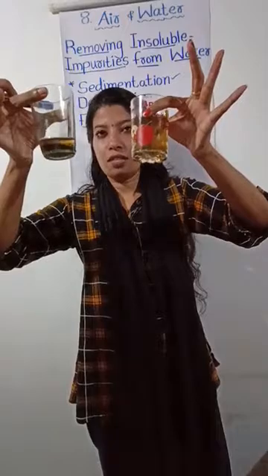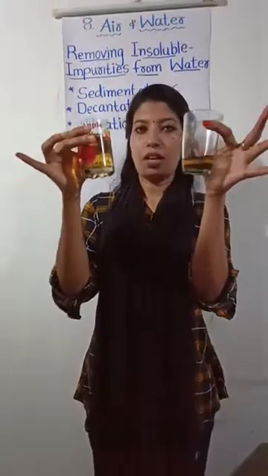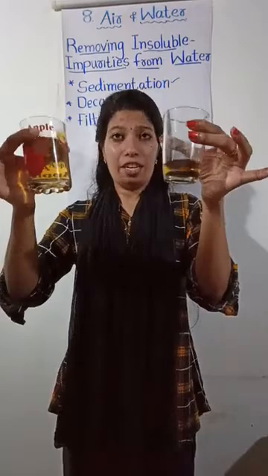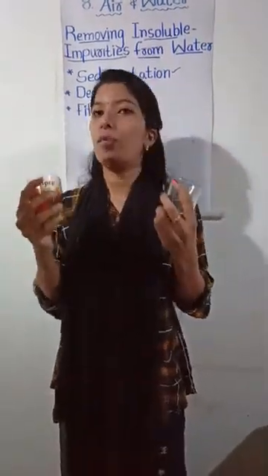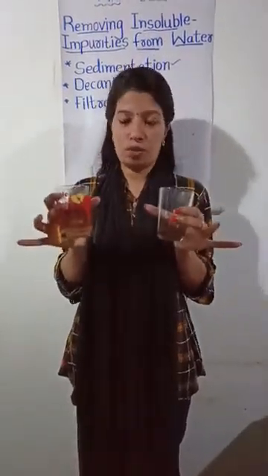This is the sediments and this is the clear water, in which impurities have settled down, and we are decanting it into another container. This process is termed decantation. So sedimentation is the first stage of water purification, and decantation follows sedimentation. I hope you are all clear with this sedimentation process.